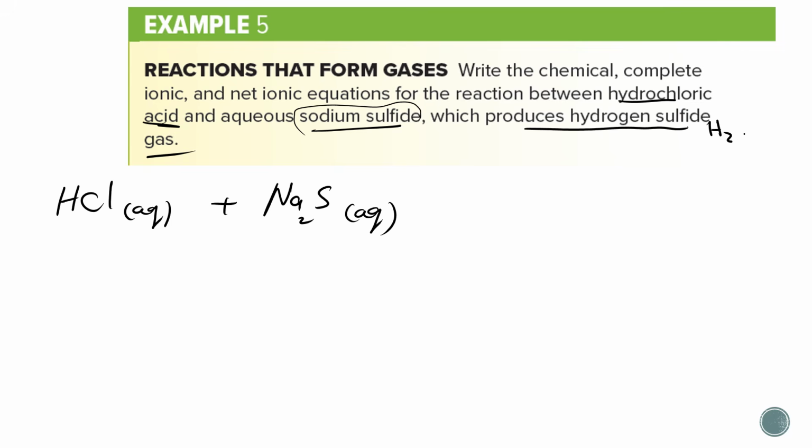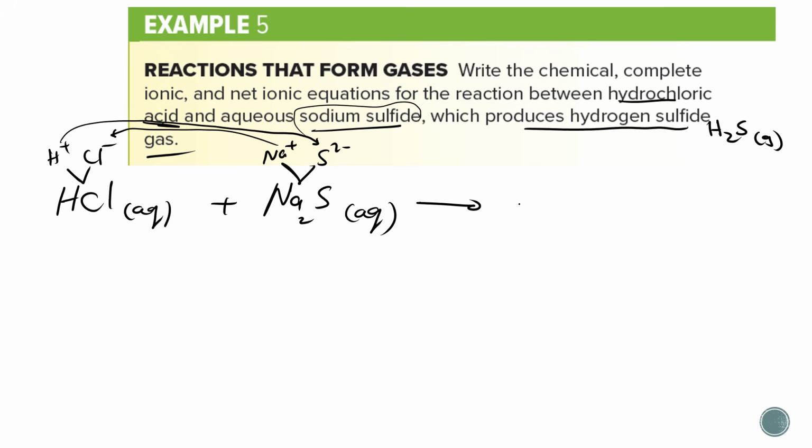They already told you that you are going to make this gas. Of course, they don't have to tell you. You can just divide this into the positive and the negative ions. Take this with this, and this one with this one. So you will get NaCl AQ plus H2S gas.